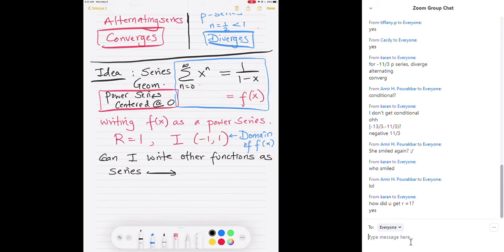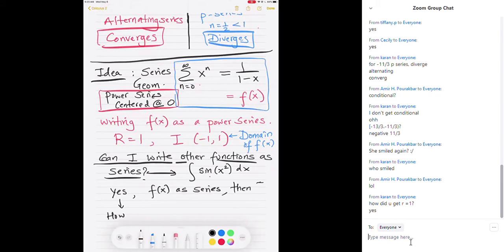Oh, because ultimately, I still do not know how to integrate functions like this one. And if I could write this as series, then I can integrate them. So the first question is, can I write other functions as series? Yes. And then we're going to explore how. But the other question should be, what is the purpose of this one? The purpose of this one is, if I can write functions as series, then I can integrate them.